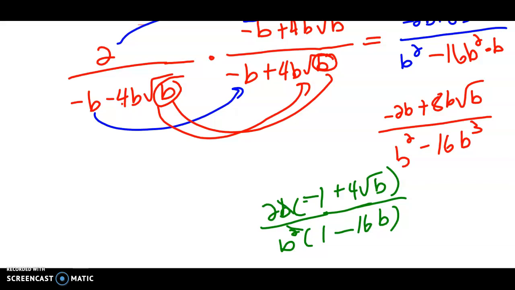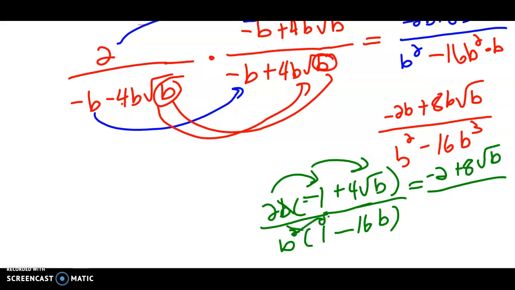The 2's don't divide out. So I'm going to go ahead and redistribute everything back in. My most simplified answer is negative 2 plus 8 root b all over b minus 16b squared.